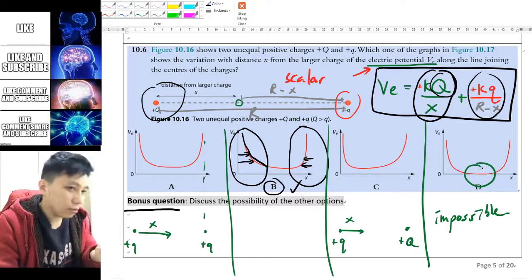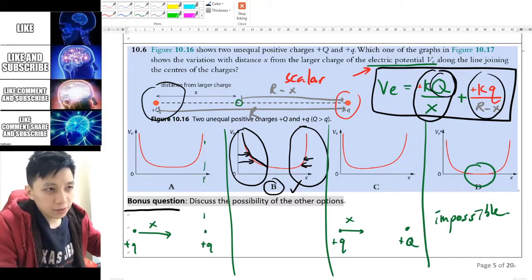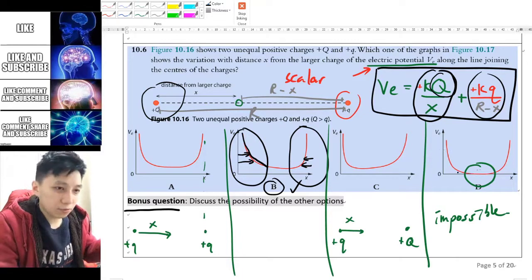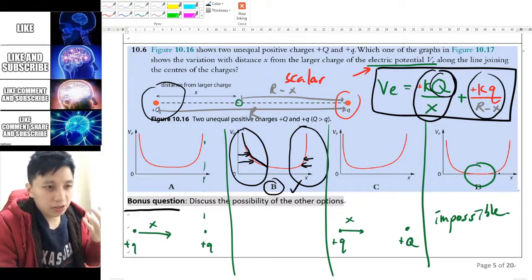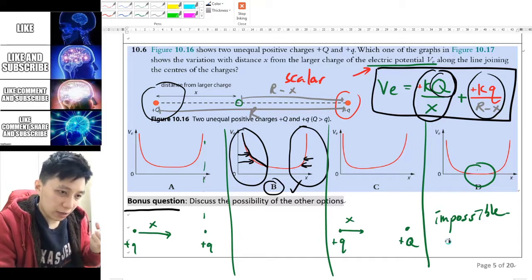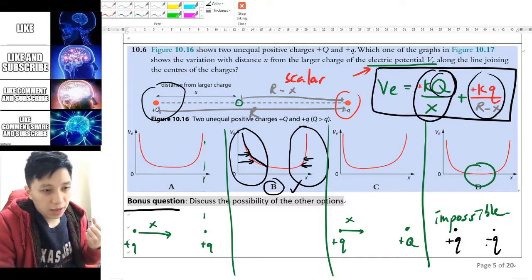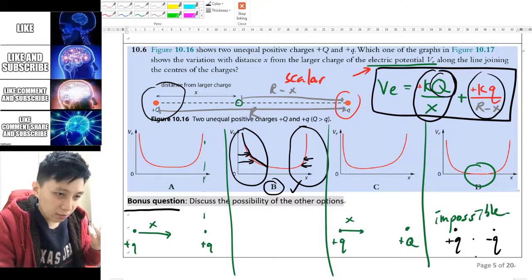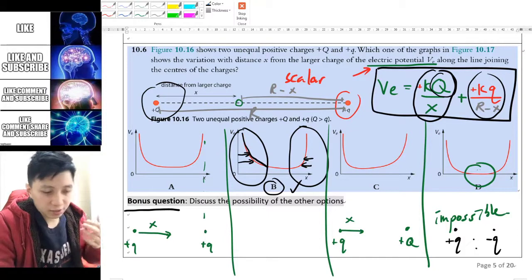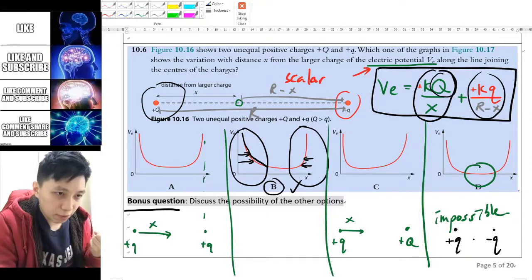The only case where you may get an electric potential versus distance graph having 0 is when you have a positive charge and maybe a negative charge, and then somewhere in the middle, if they are of the same magnitude, of course, in the exact middle, they will hit 0.